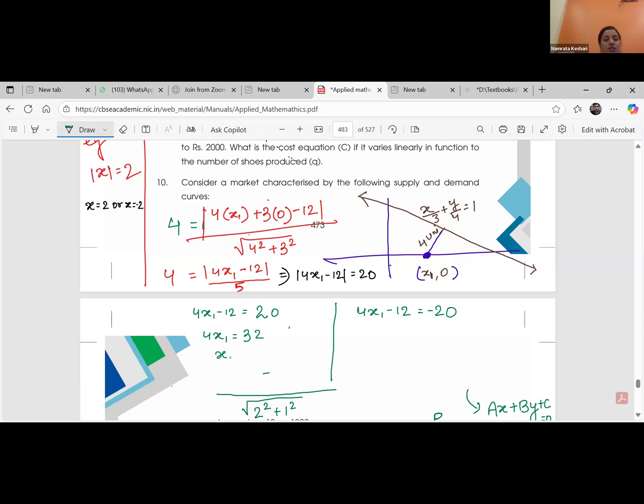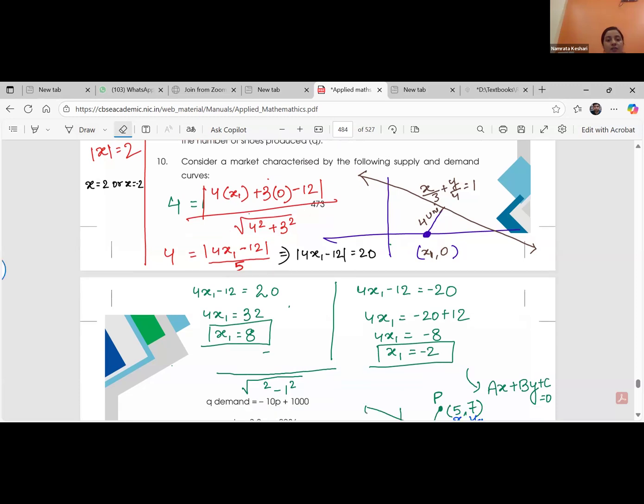That means x1 is equal to 32 divided by 4, which is 8. One possible answer for x1 is 8. Another possible answer for x1 will be -2.